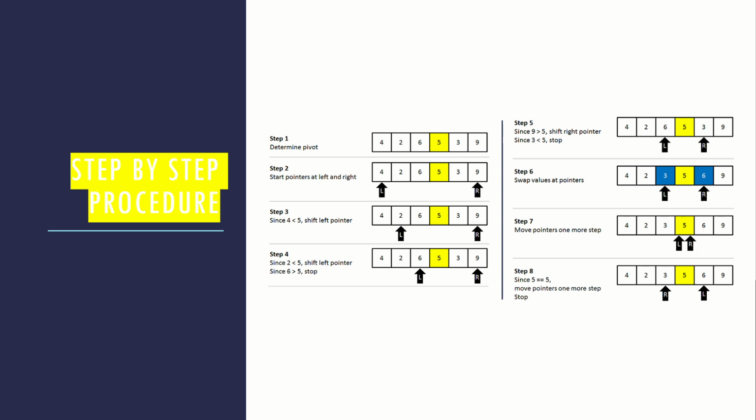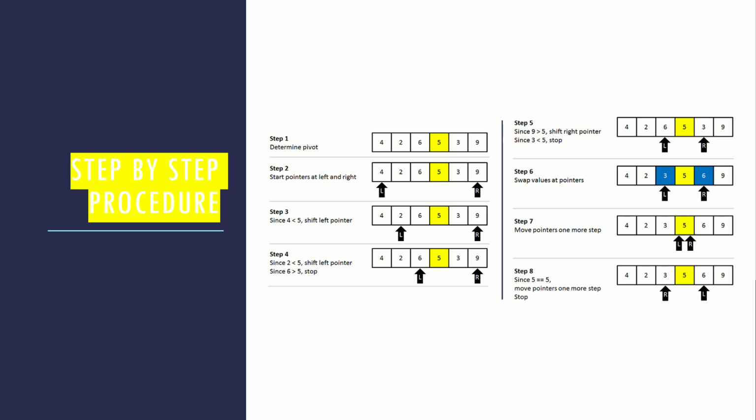First step is to determine the pivot. In determining the pivot, we can choose any position: the median, the first value, the last value, or maybe a random one. I chose a random one, and I chose the pivot value as 5.